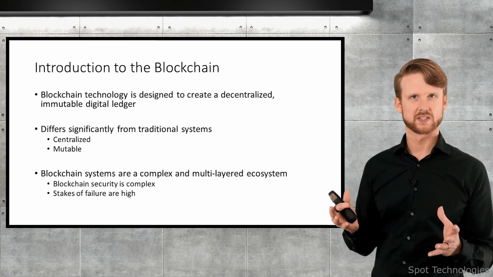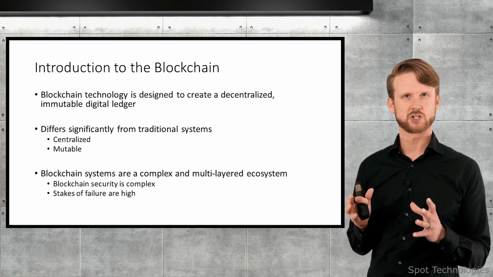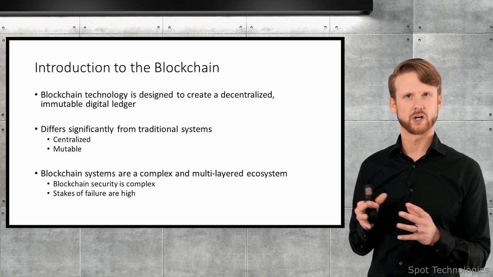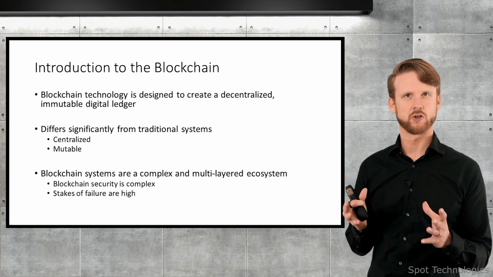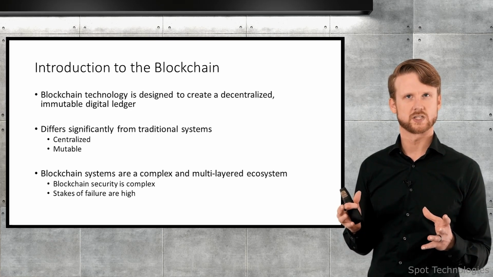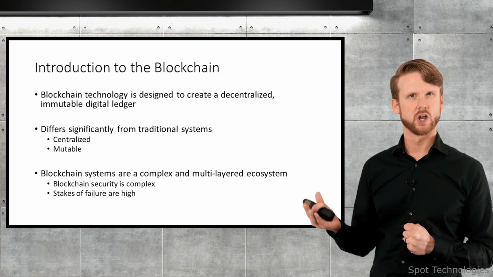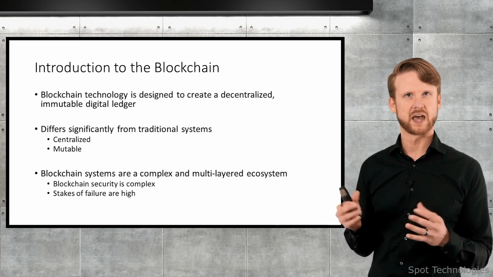So if you've got a complex system, making sure it does what it's supposed to do, especially when you don't have a centralized authority, can be tough. And in the blockchain, the stakes of failure are high. So if there is a hack of a blockchain system, so maybe you've lost control of your private key and someone performs a transaction on your behalf.